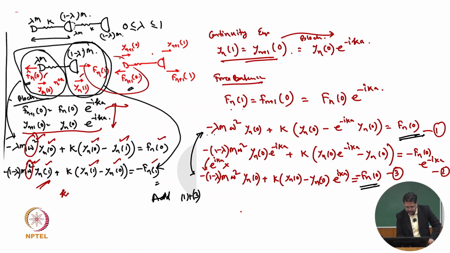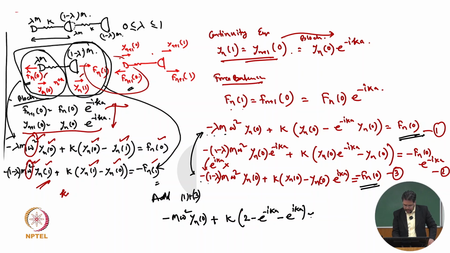Look, here it is minus lambda m omega square, here it is 1 minus m, so it will become minus m omega square yn0, lambda goes, it gets cancelled out, plus k into 2 minus e to the power of minus ika minus e to the power of ika into yn0 equal to 0.